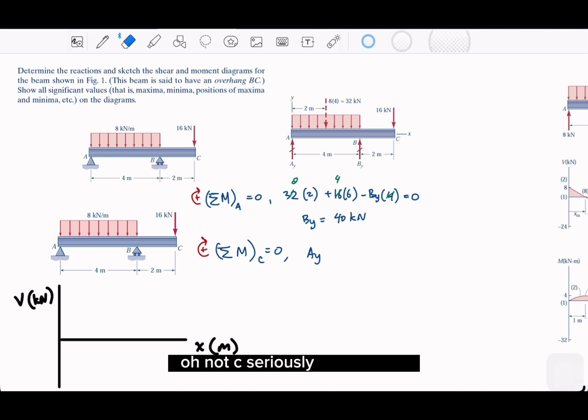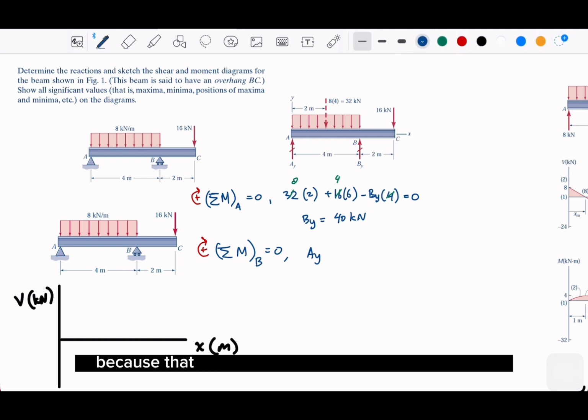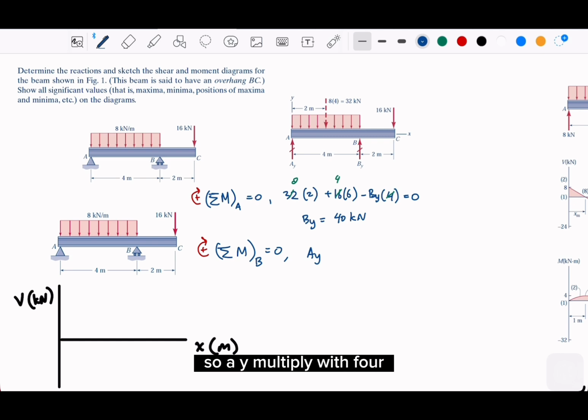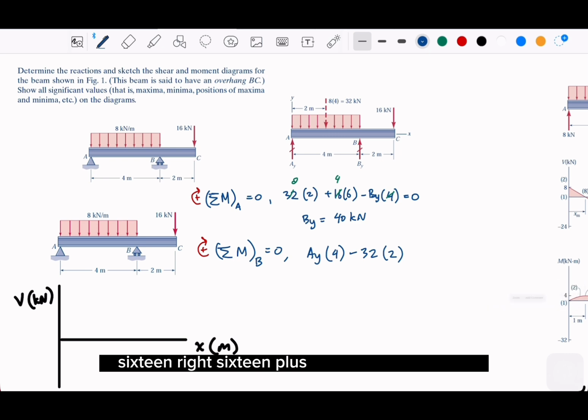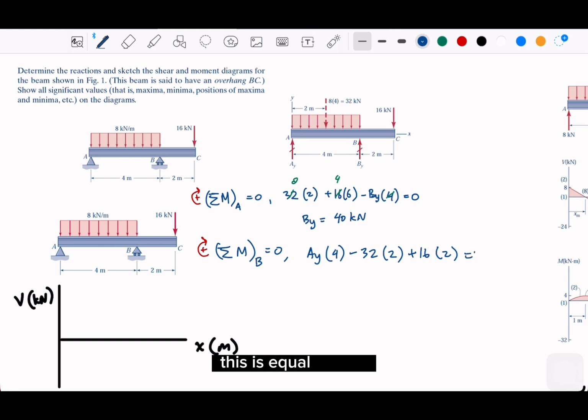Oh, not C, sorry. Should be B, because that is the one where we have reactions. So AY multiplied with 4. And then minus 32 multiplied by 2. And then lastly 16 plus 16. And then 2. This is equal to 0.